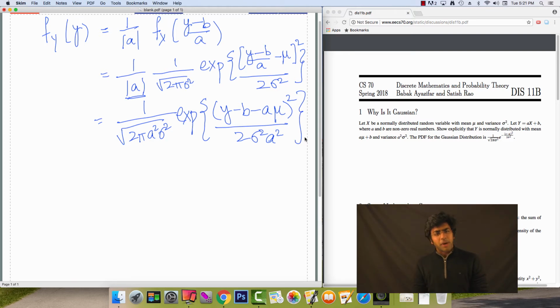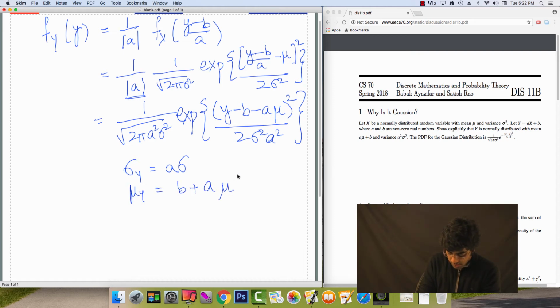And finally, I'm going to pattern match this to the Gaussian PDF. So I'm going to define sigma_Y to be a times sigma and mu_Y to be b plus a mu. And remember, this is exactly what we had calculated these to be at the start.